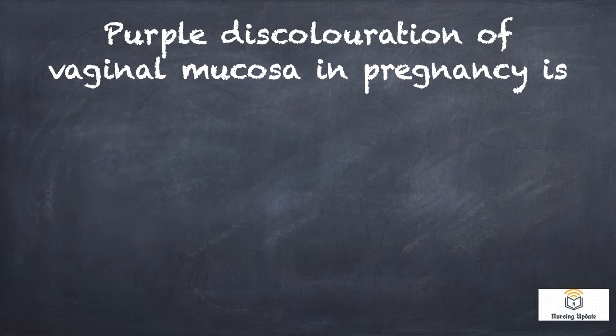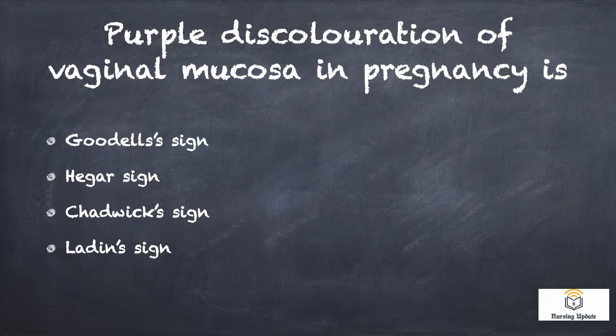The correct answer is Chadwick sign. Let's move on to the other options also. Goodell sign is softening of the cervix. What is Hegar sign? In bimanual examination, one sign occurs, that is Hegar sign.